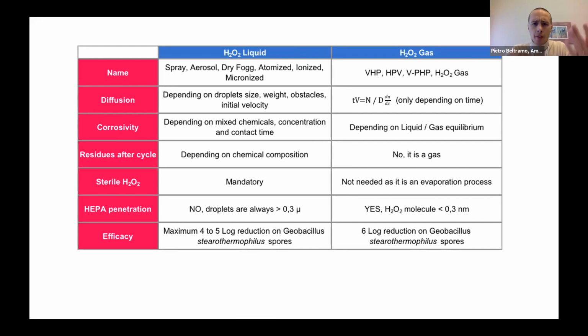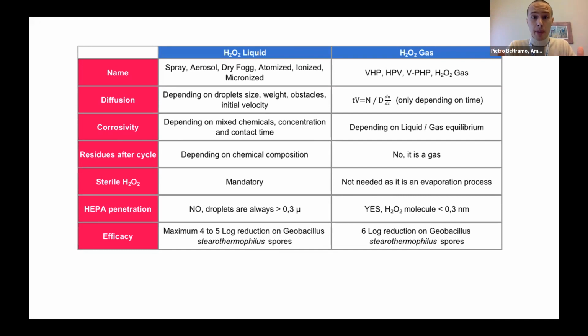They mix with other chemicals like peracetic acid or silver ions, whatever. And this combination of different molecules could be potentially more corrosive than only the H2O2 alone.